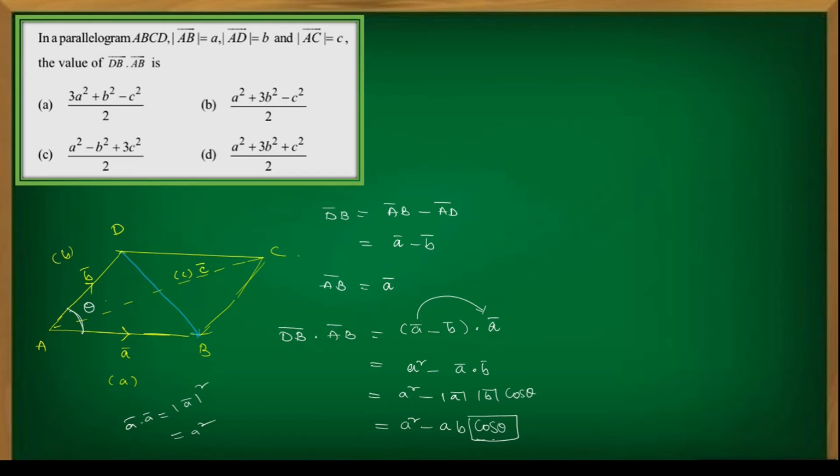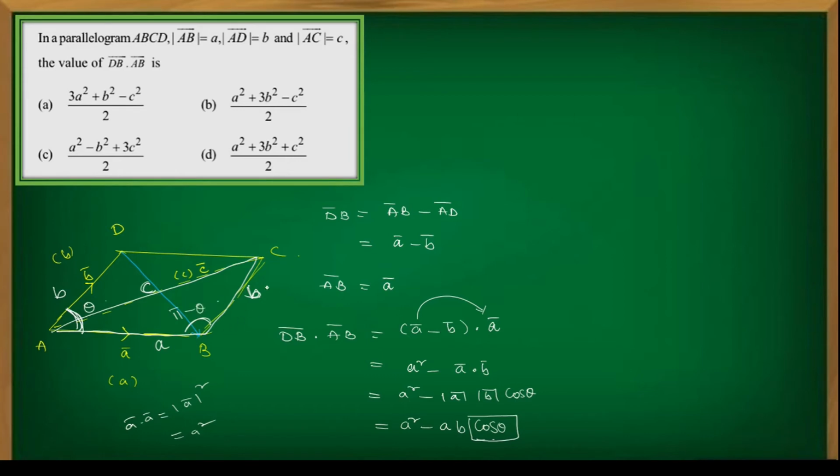Now in a parallelogram, if this length is B, this length is also B. If you see this triangle, you know this length C, you know this length A, you know this length B, all the lengths of the sides you know. Then what? Cosine rule. If this is theta, this is pi minus theta.